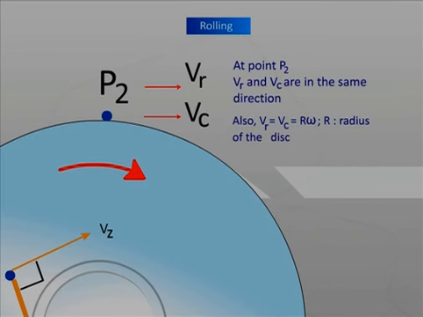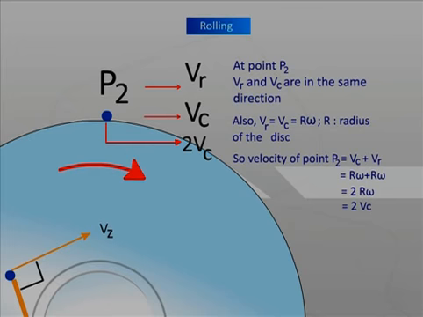So the velocity of the point P2 is equal to Vc plus Vr, equals r omega plus r omega, equals 2r omega, equals 2Vc. Hence the point P2 is moving at a velocity twice as fast as that of the center of mass. This velocity is directed parallel to the surface.